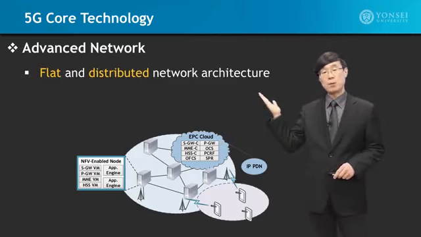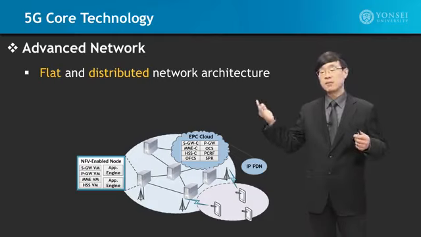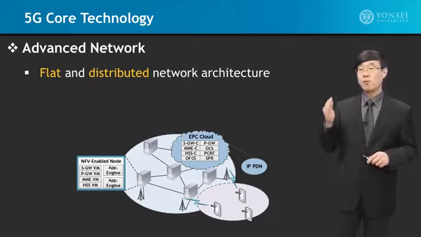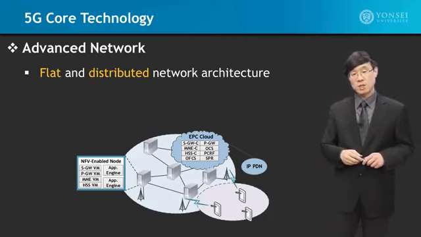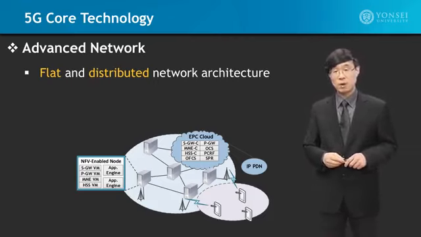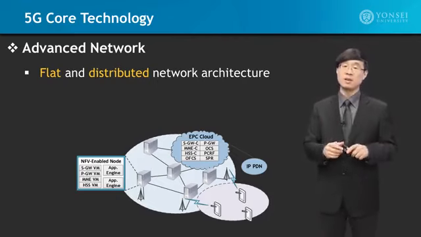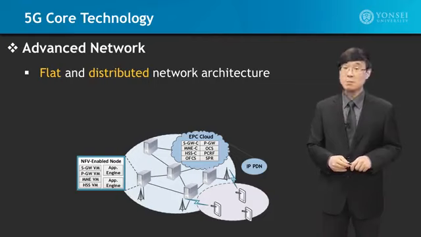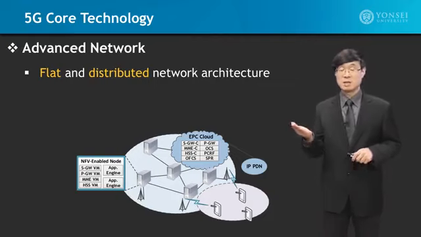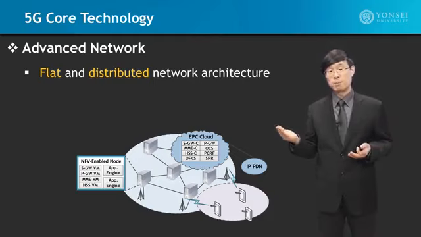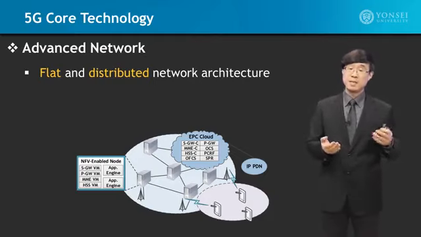Flat and distributed network architecture is one of the advanced network characteristics. What do you mean? Well, before when we were talking about 4G, LTE networks, there were these blocks of units that have very specific functionalities, as in terms of HSS, MME, SGW, the serving gateway, the P gateway, the PCRF.